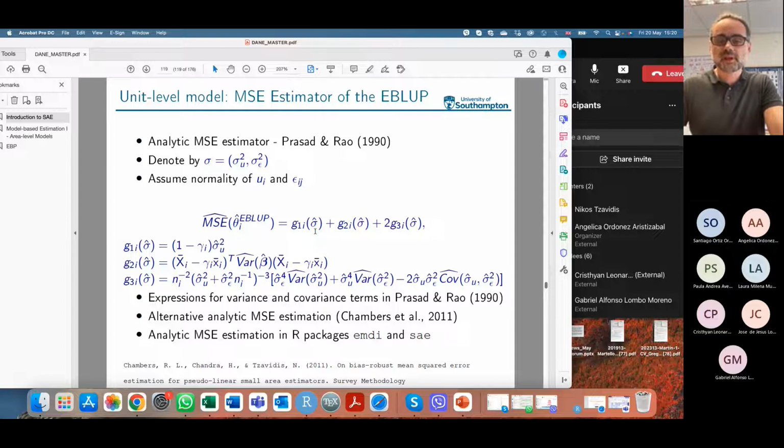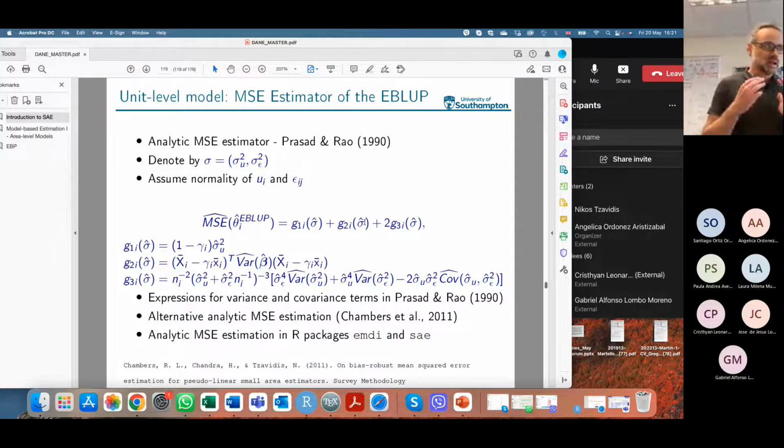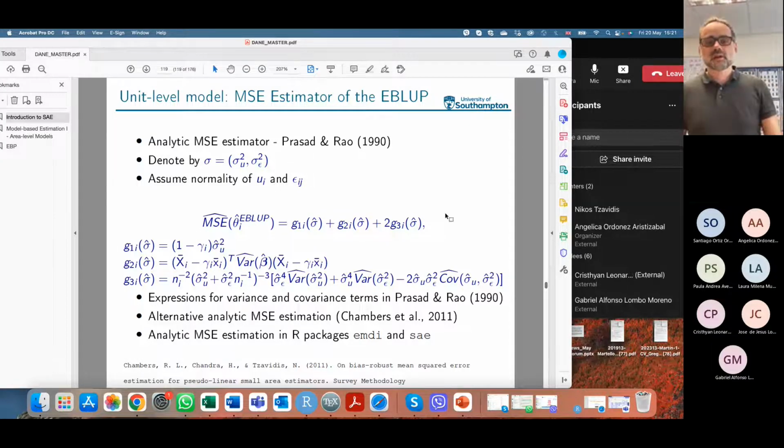And you see that this depends on sigma hat, where sigma hat comprises the two variance components in the simplest case of this two-level model. Now, obviously, the naive estimator will include only the G1 and the G2, but you want also to capture the uncertainty introduced by the fact that the variance components are estimated. And below, I have given you expressions for the G1, G2, and G3.